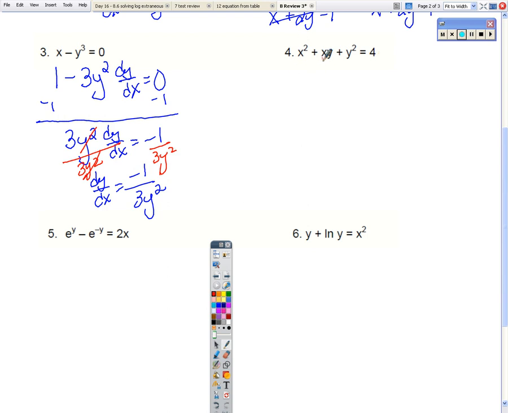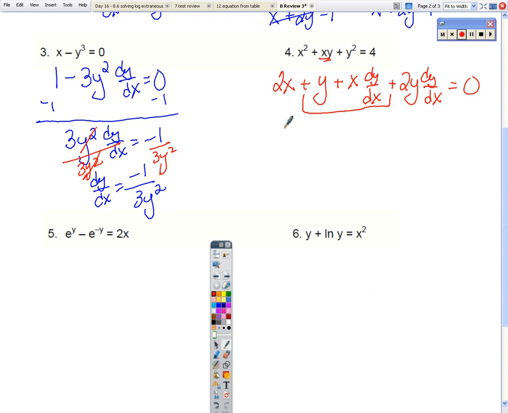Now for number 4, we need the product rule again. When I take the derivative of x times y, I get this piece.